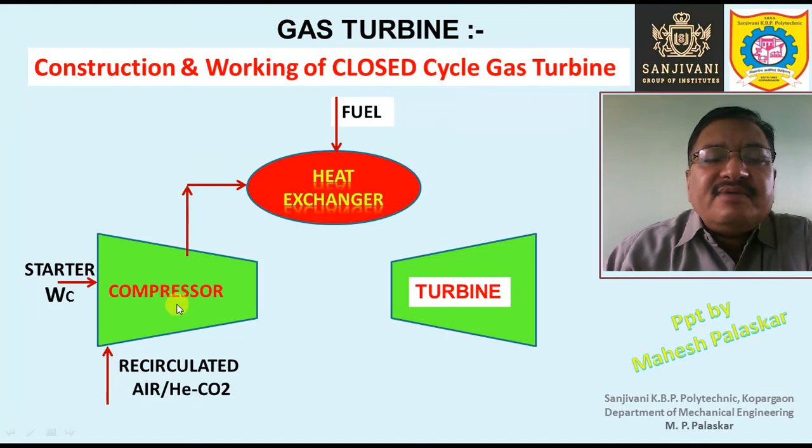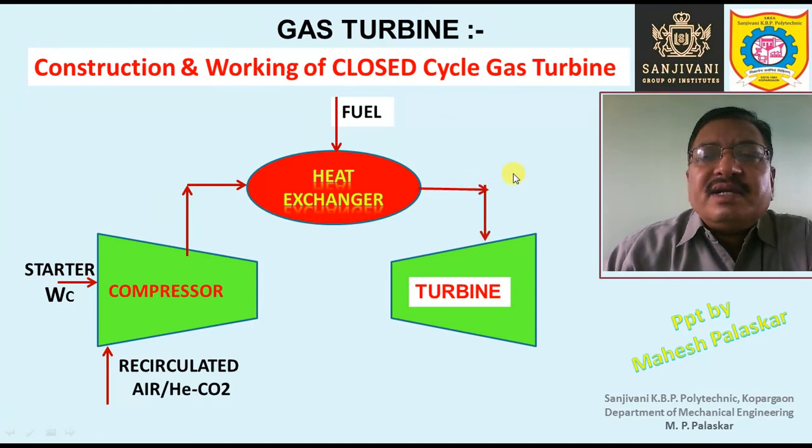First of all, mechanical work is supplied. The working substance is compressed so that the volume is reduced, right? And easily then we can supply the heat in the heat exchanger from the hot air to the working substance, and now the temperature of the working substance has been increased.